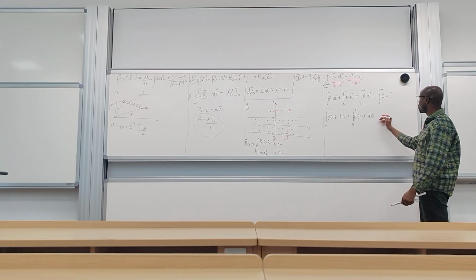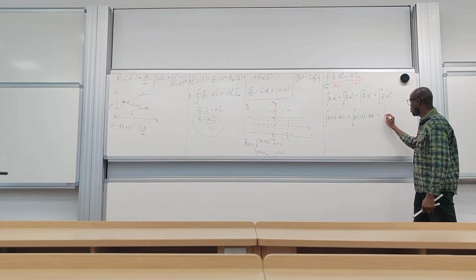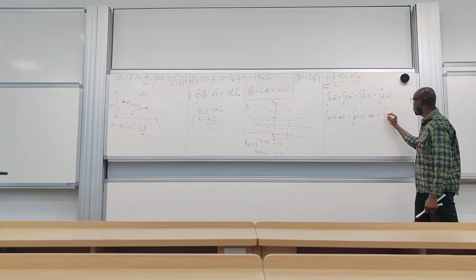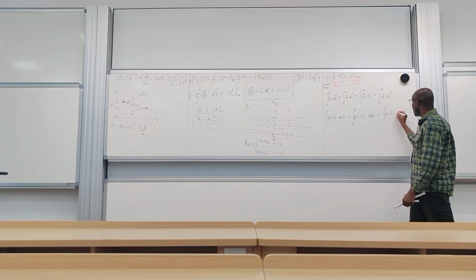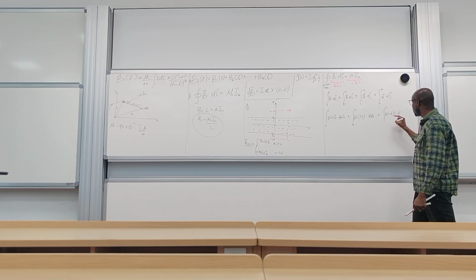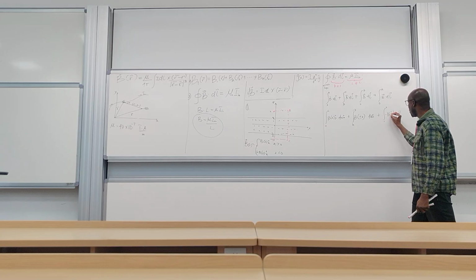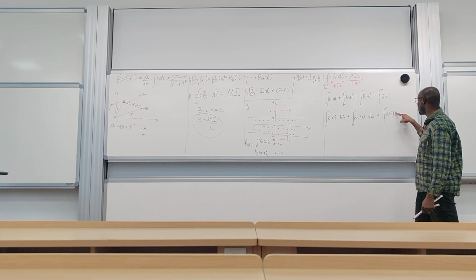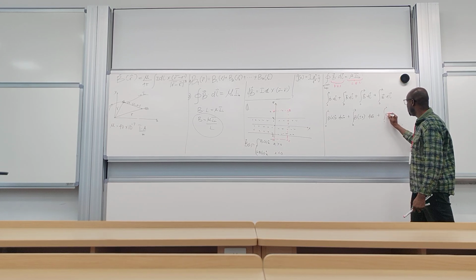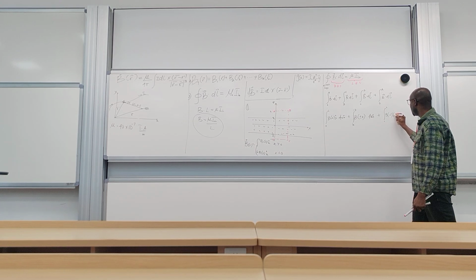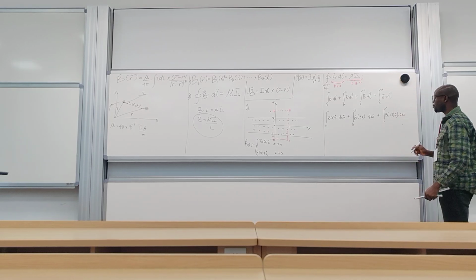So plus, going from C to D is going from L to 0 of B of minus Z, in the minus X direction, or to make it easy, just put minus B of Z. So let's do it properly: B of minus Z, minus X unit vector, dot X unit vector dx.